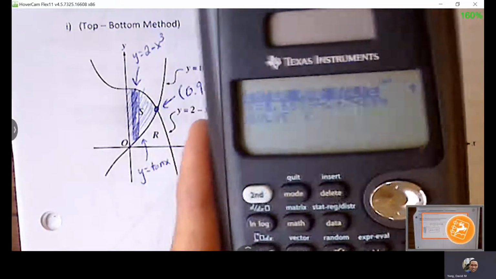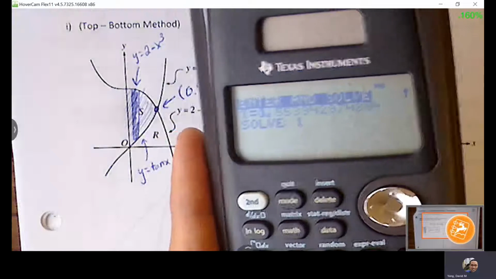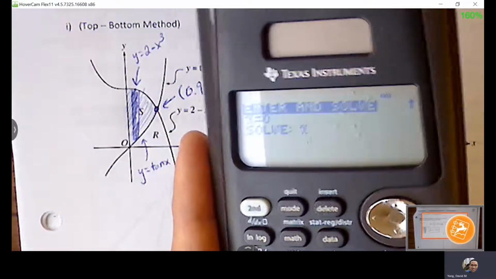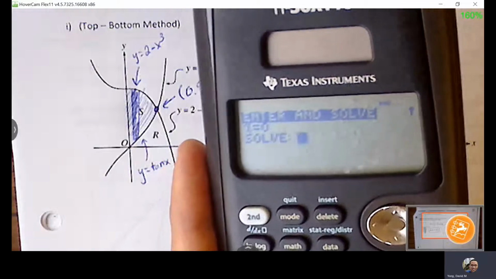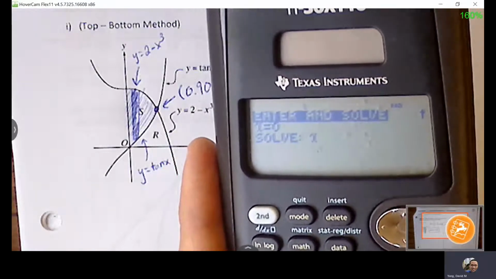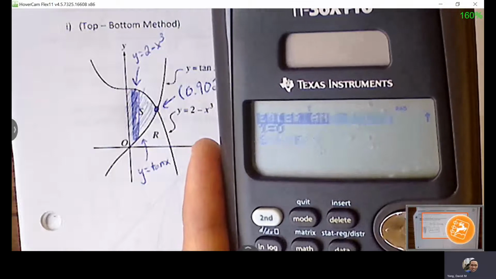Usually I like to start at 0. It really doesn't matter here, but I'm going to just start at 0, make the calculator start there and look for the intersecting point. Okay, hit enter, enter, and this should get you to that x value for us.